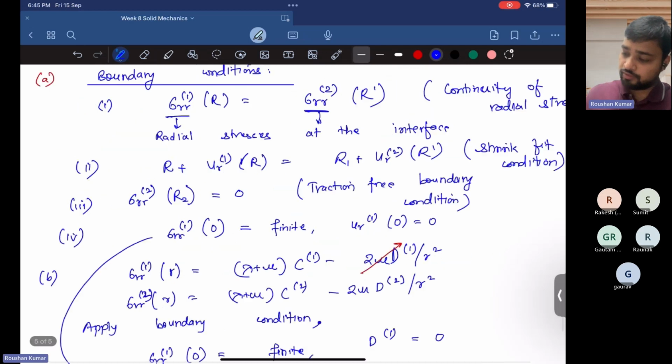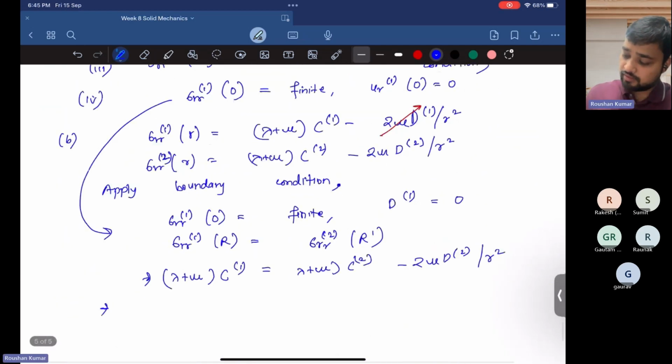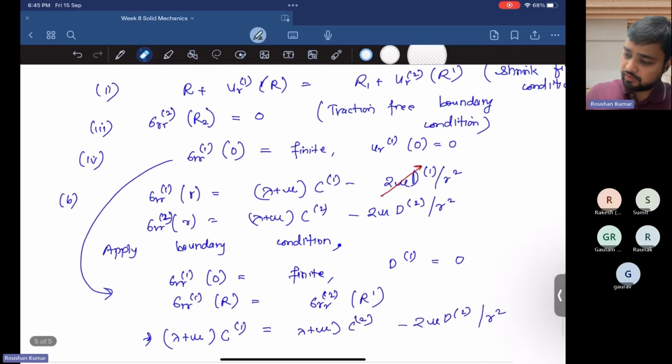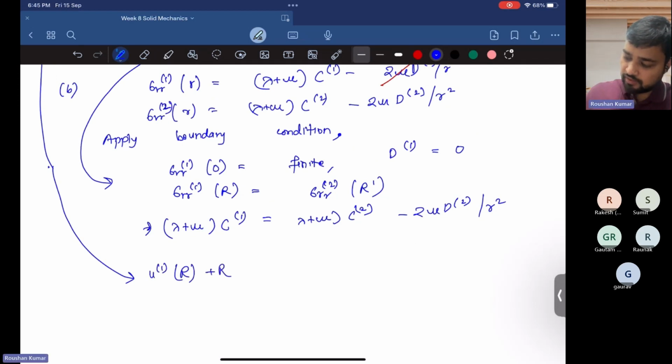We also have one more boundary condition, that is boundary condition 2, u1 plus R equal to u2, at R1 plus R1.